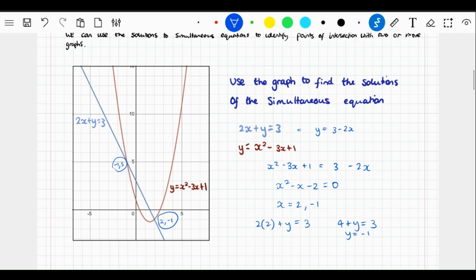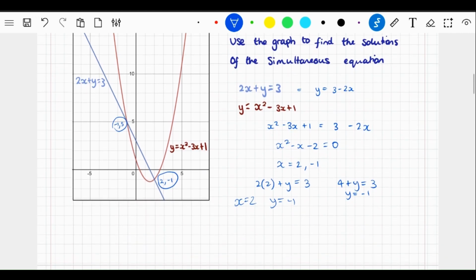Now, let's just prove this one's right there. So this is for when x equals 2, y equals minus 1. Now, on this one here, this point of intersection, x equals 2 and y equals minus 1, which is correct.